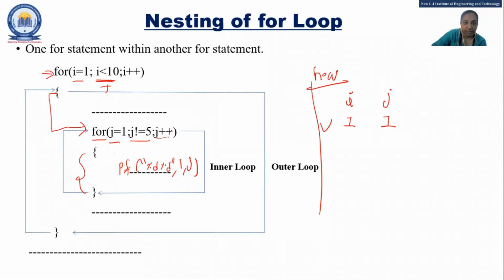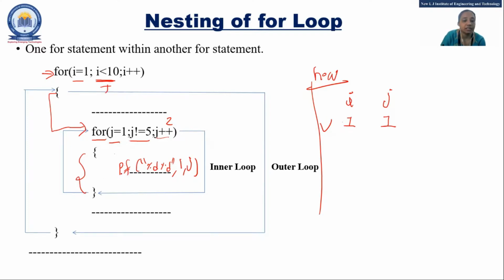Now next time what happened? j will be incremented. Concentrate here, i is not incrementing. For one value of i, this loop will be executed. So j will now become 2. Again it will check the condition: yes, j not equal to 5, true.